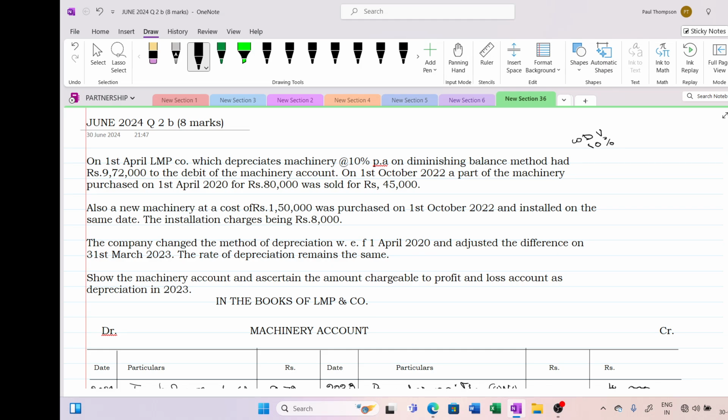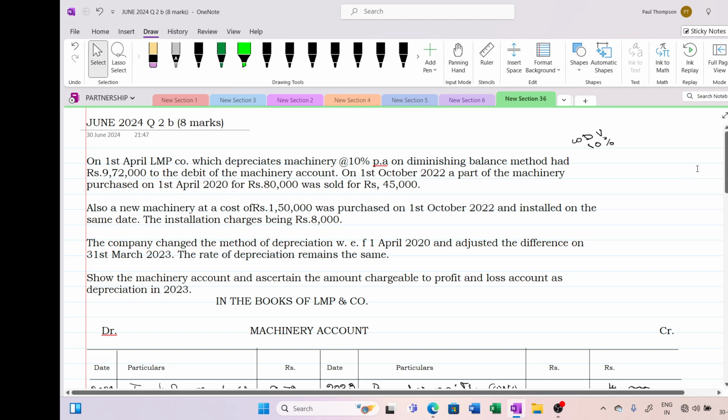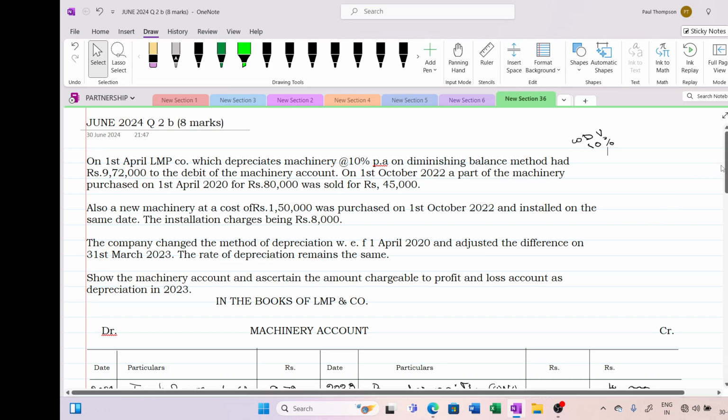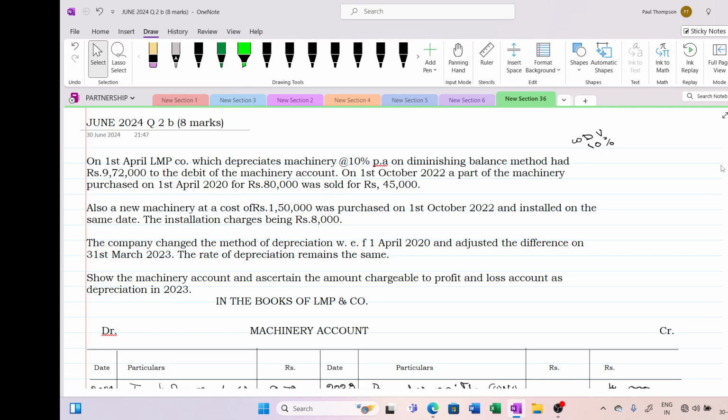And on that date, on 1st April 22, the balance was 9,72,000. And then on 1st October, a part of the machinery, which was purchased in April 20 for 80,000, was sold on 1st October 22 for 45,000.